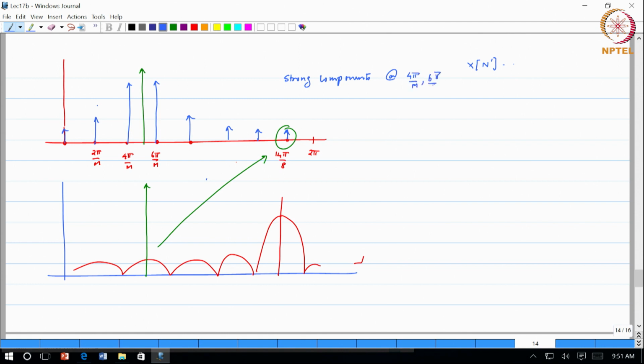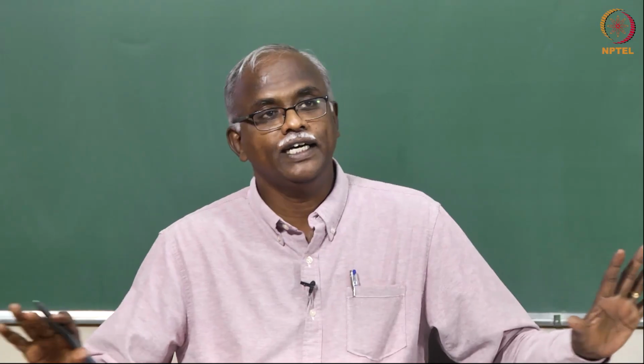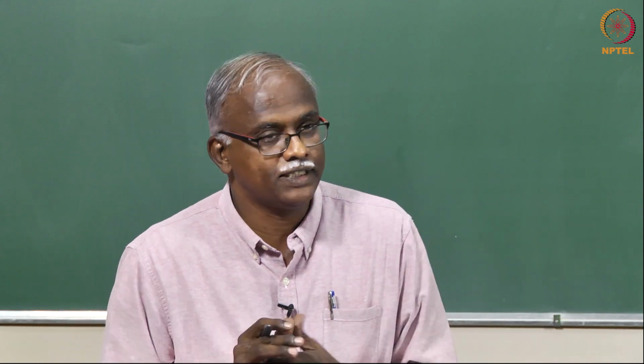That is how you can interpret it. And you would say that there are weak components at all the others, which is a very erroneous interpretation of the spectrum analysis that you will get.